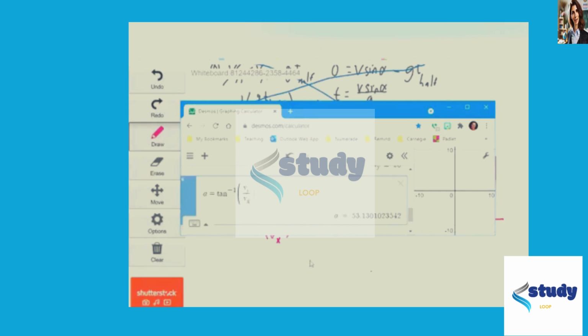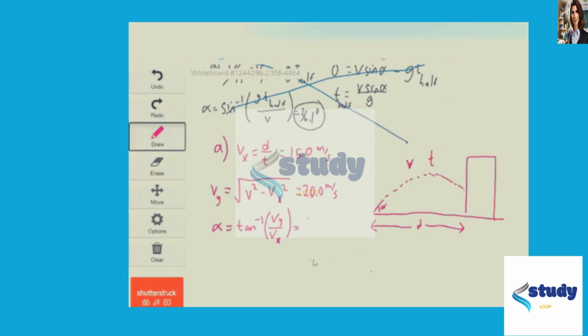Okay, so that's going to be 53.1 degrees. And that is the answer recorded by Numerate. So now I'm on the right track. So my problem was I was ignoring the fact that we were given the distance here. If we're given the distance and the time, then we can figure out the velocity.